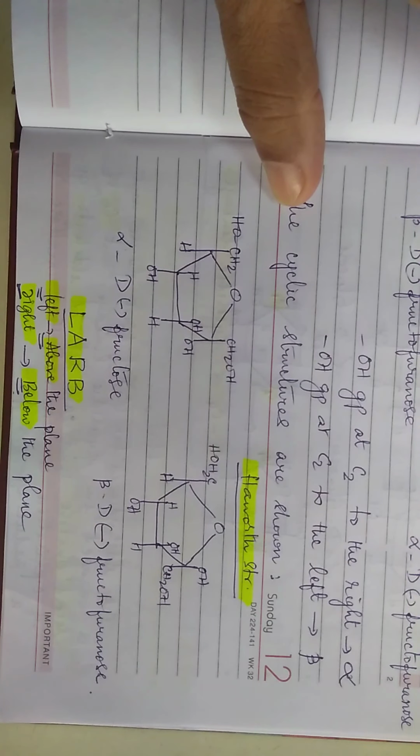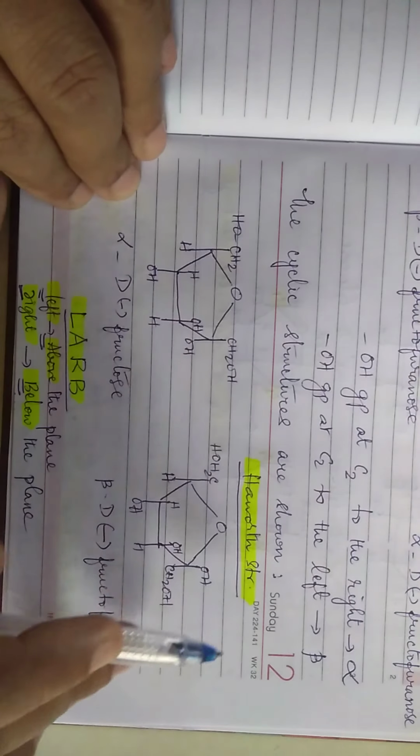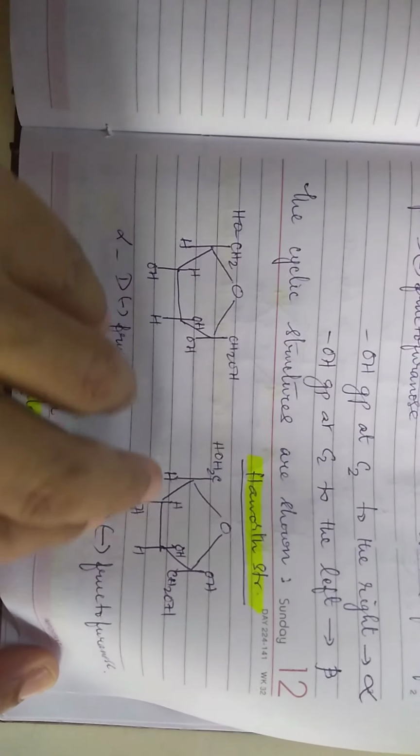Just for memory's sake, I have given you LARB. Those towards the left are all above the plane, LA, and those to the right are all below the plane. Please keep this in memory. This is how you draw the structure, and you need to practice it.